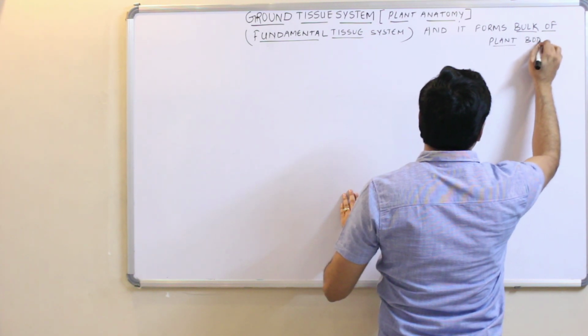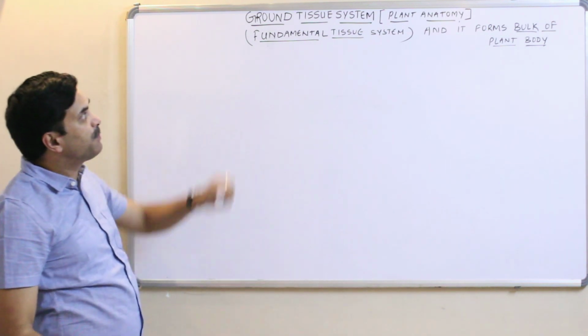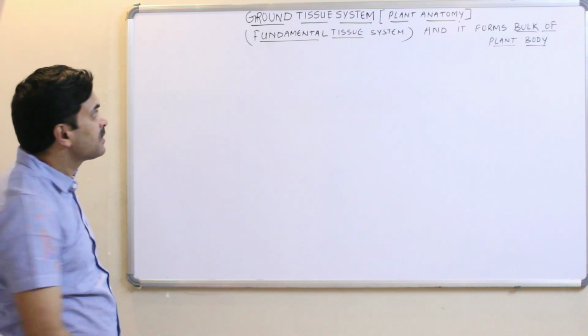It forms bulk of plant body means majority part of the plant body is made up of this ground tissue system.